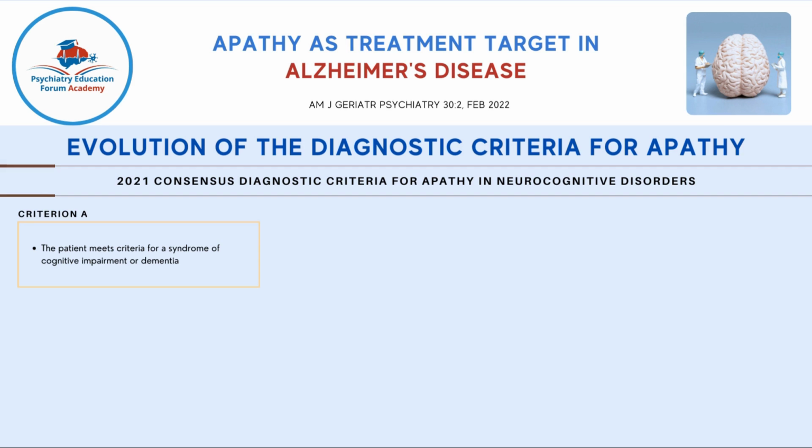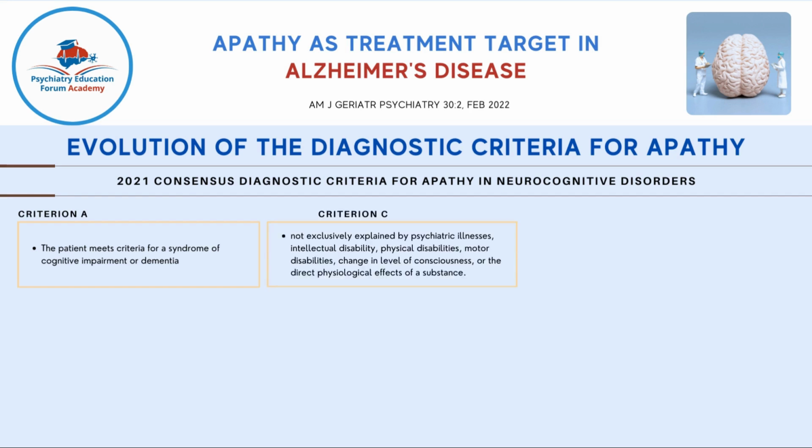The examples are Alzheimer's dementia, vascular dementia, frontotemporal dementia, dementia with Lewy body, Parkinson dementia, or pre-dementia cognitive impairment syndrome like MCI, prodromal Alzheimer disease, or other cognitive disorders. These criteria for cognitive impairment or dementia have to be met first because this is more focused on the neurocognitive disorders, right? Number one.